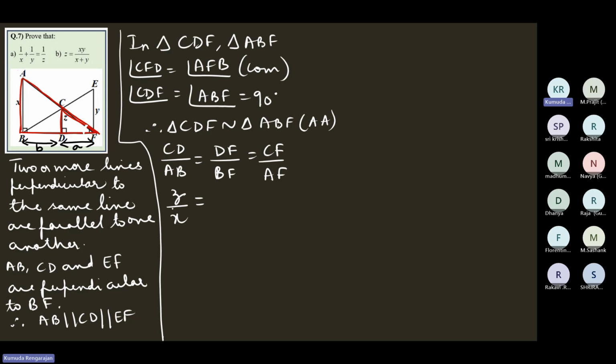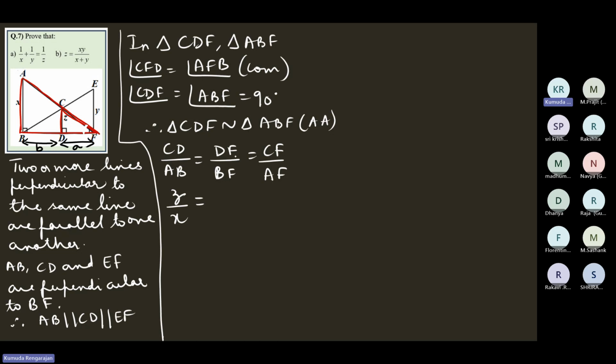CD is Z and AB is X, marked in the figure. DF is not marked, so let's take a variable. We have unknowns X, Y, Z in the figure, so let's mark off the other line segments also, whatever is needed.